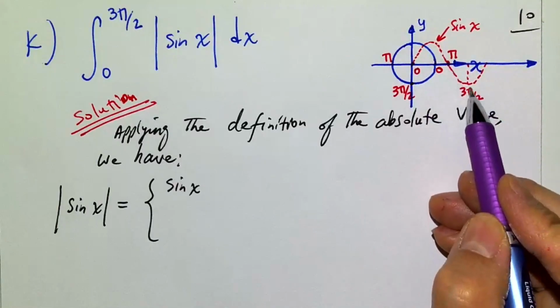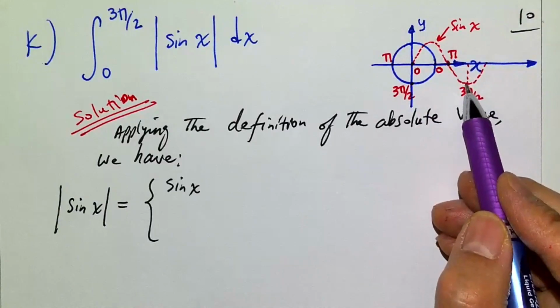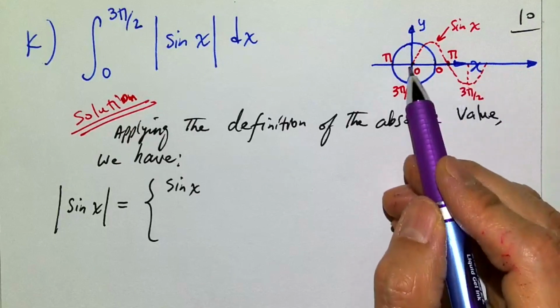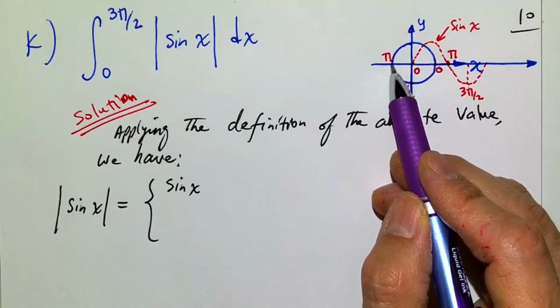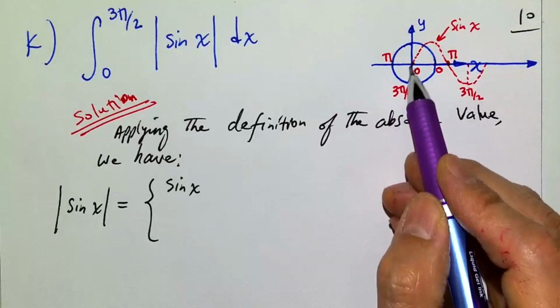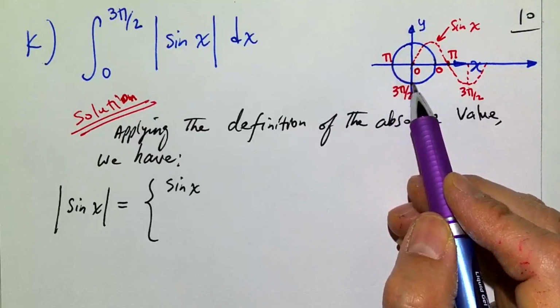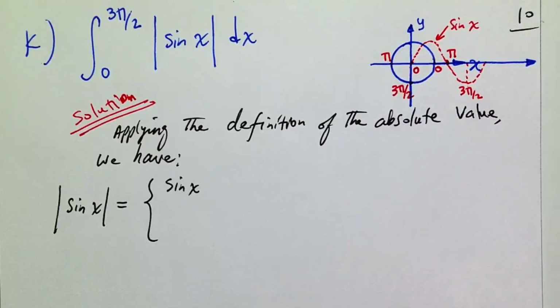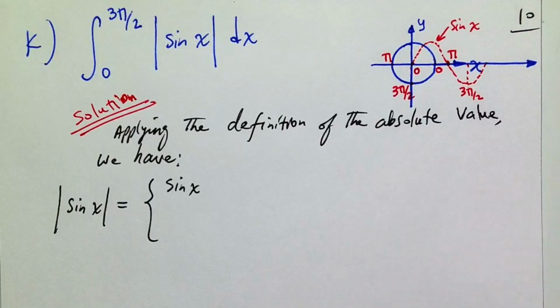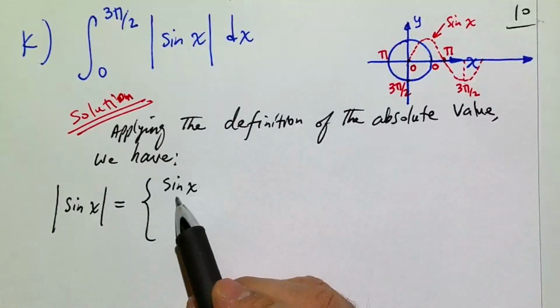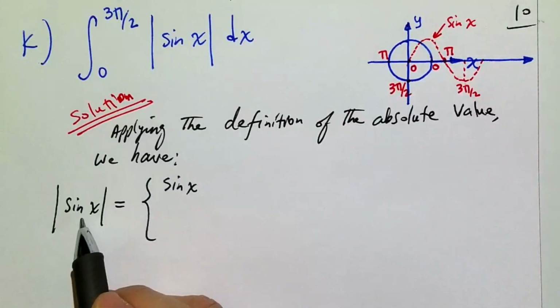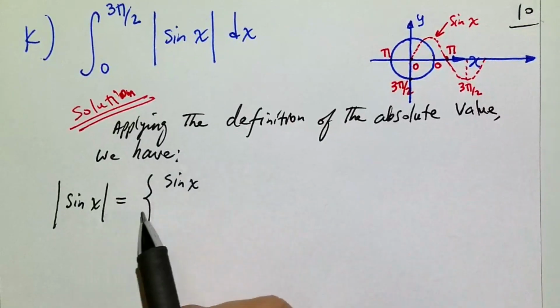From pi to 3 pi over 2, the sine function is negative because it's below the x-axis. Here you can see it on the unit circle: from pi to 3 pi over 2, the y-axis is negative, right? If you want to use the circle or the wave, both will work. But the objective here was to remember that the sine x function is positive from 0 to pi. So now we can apply the absolute value definition.